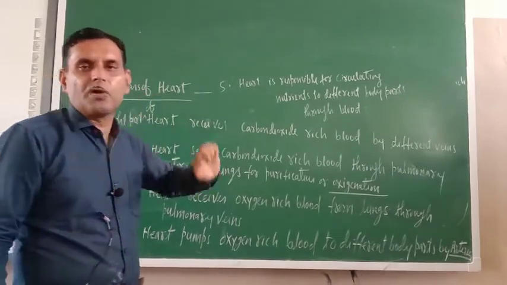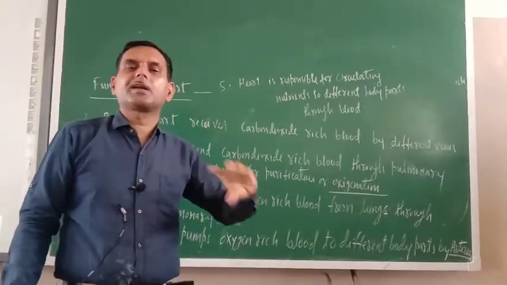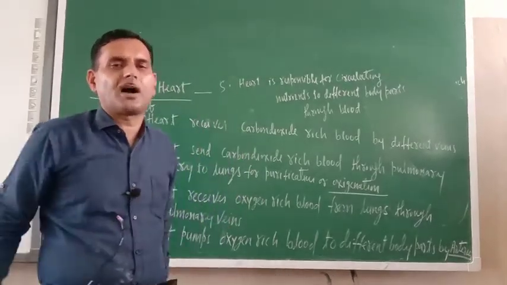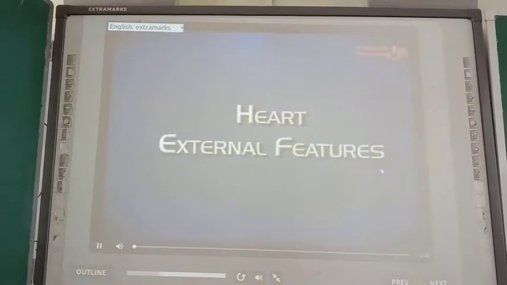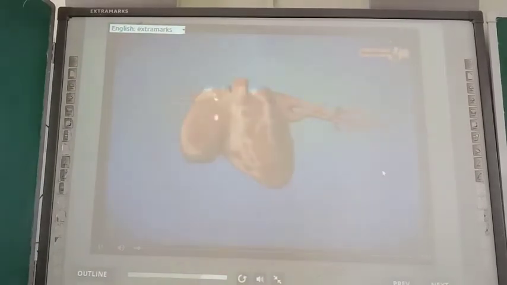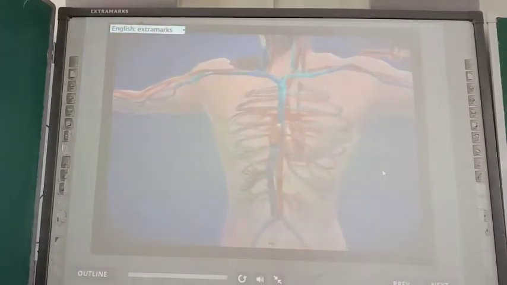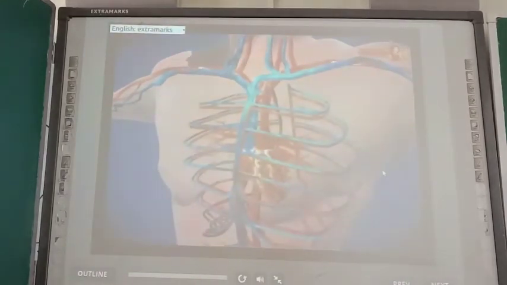Now let us see one animation for a better understanding of the heart, especially the external structure of the heart. The heart is the organ which pumps the blood around the body. It is located in the thoracic cavity between the lungs.